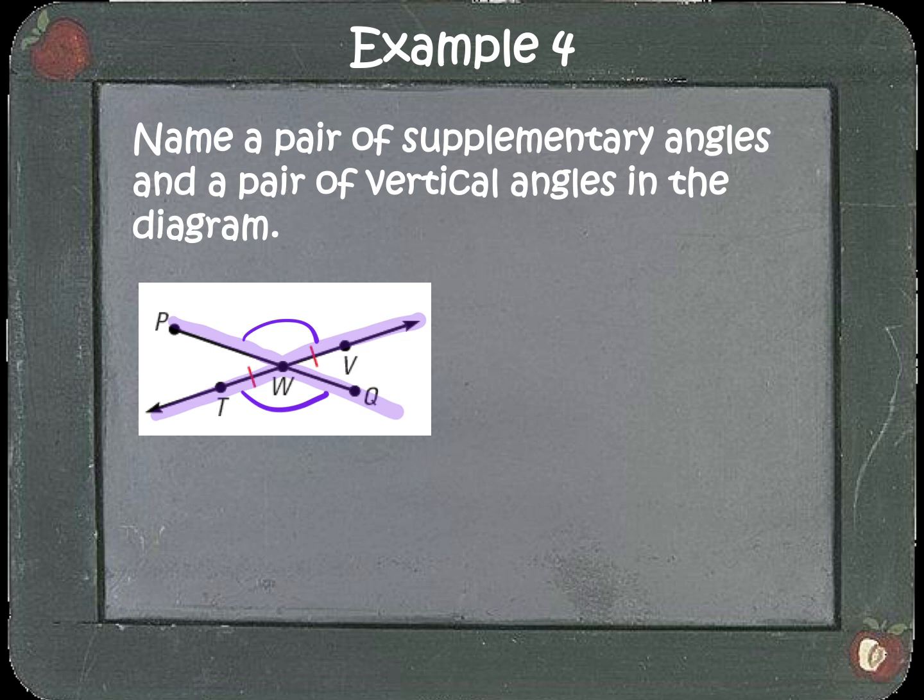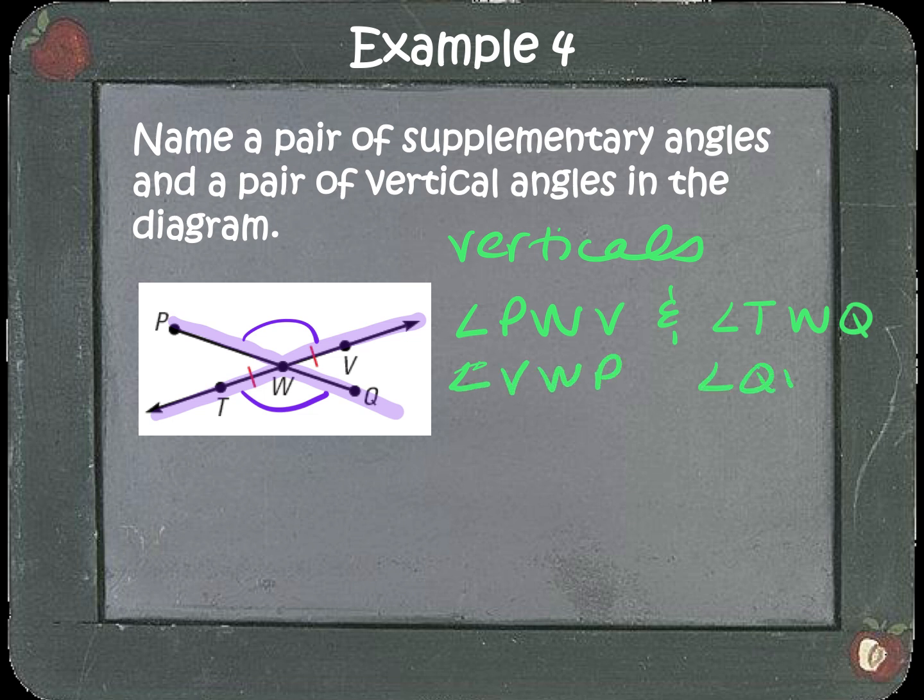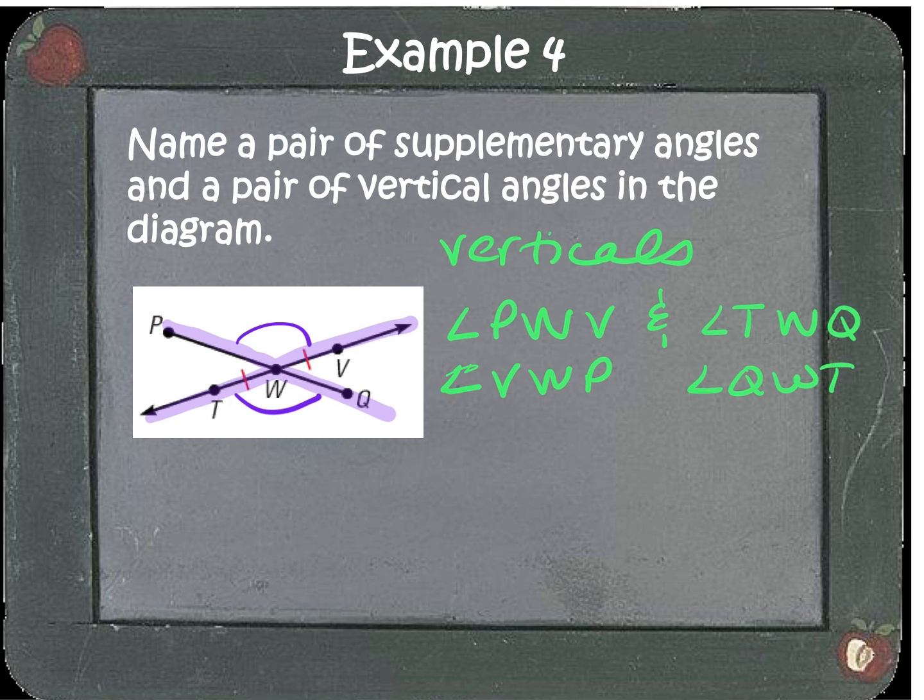So I'm going to name this first one as angle PWV together with angle TWQ. Now again, you can do it in reverse. You could have also called it VWP, and then this one QWT. So this is the purple ones.